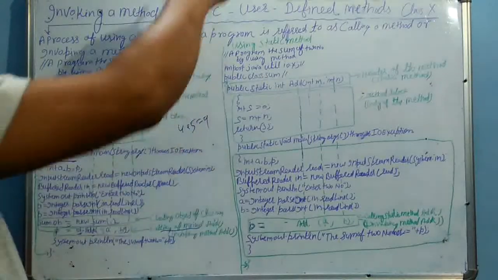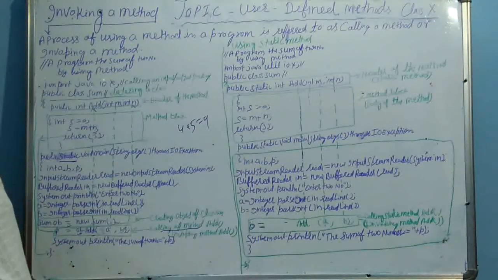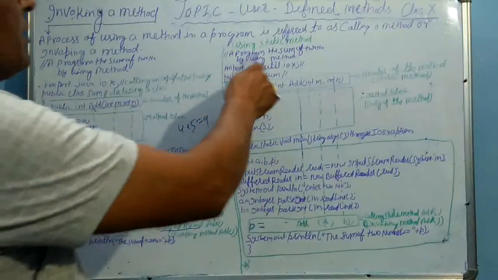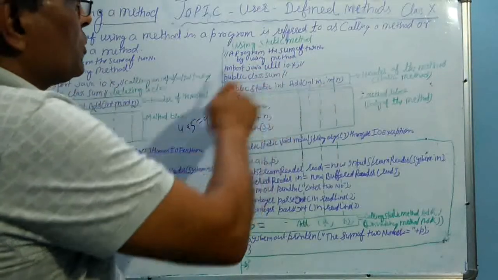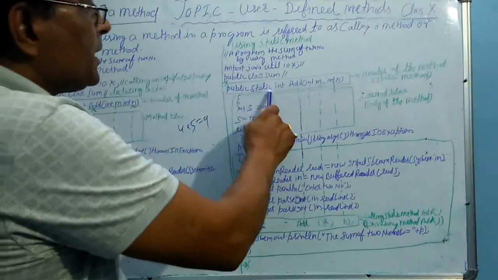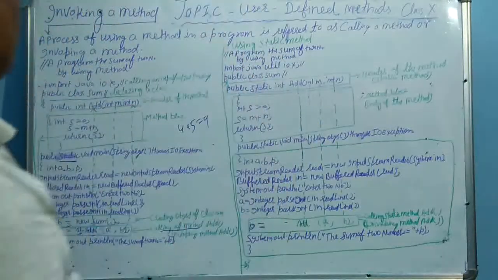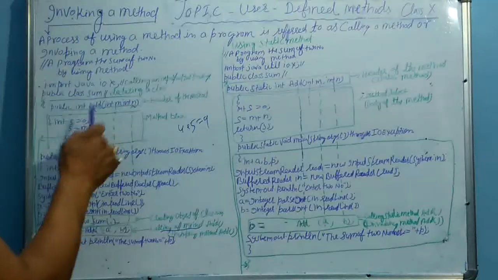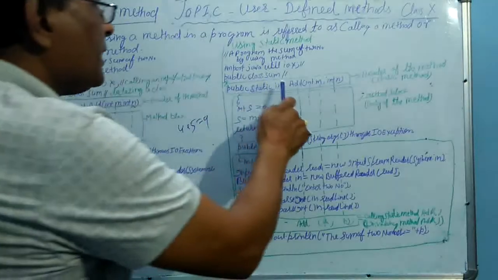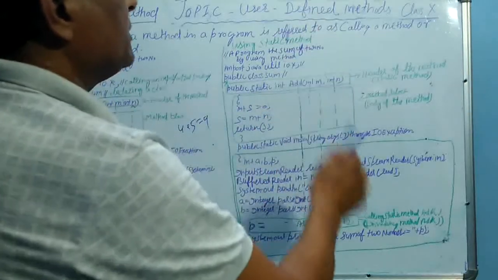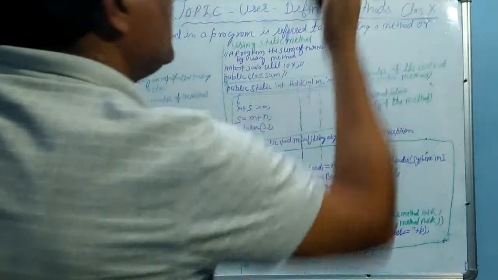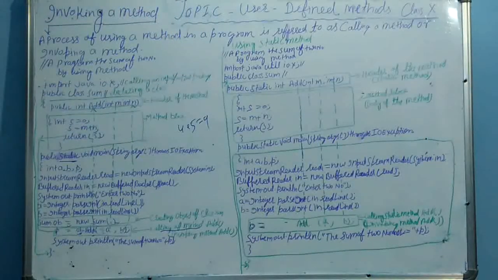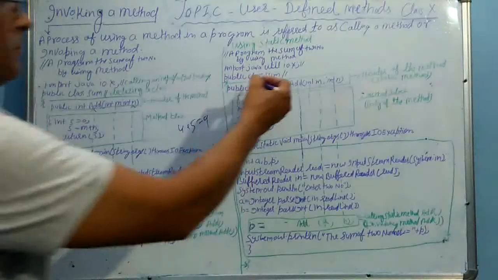The addition program is the same, import is the same, and public static int add. You are seeing here public static integer add. That is the header of the static method.